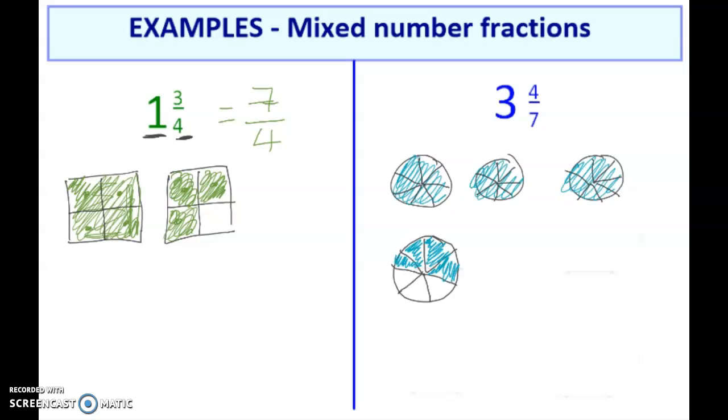So how many 7ths have I coloured in all together? There are 7 here, and 7 here, and 7 here, and 4 here. What does that make? 7, 14, 21. 25 7ths is the improper fraction.